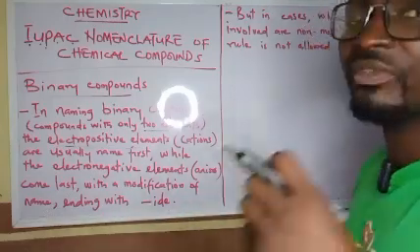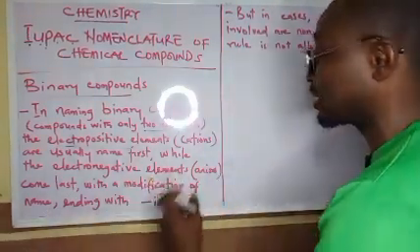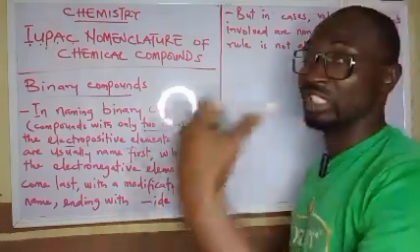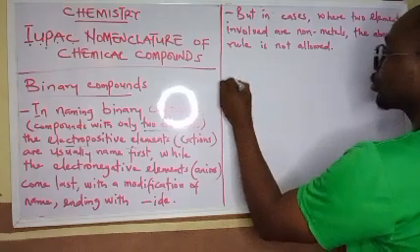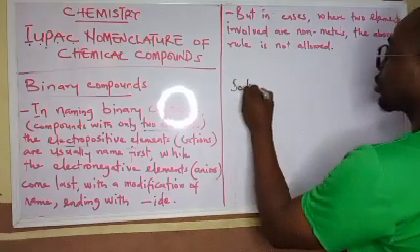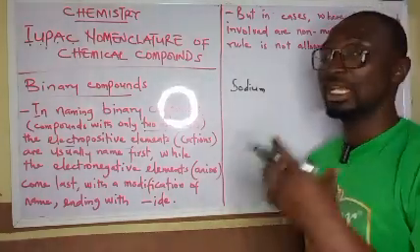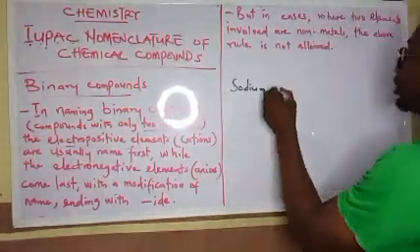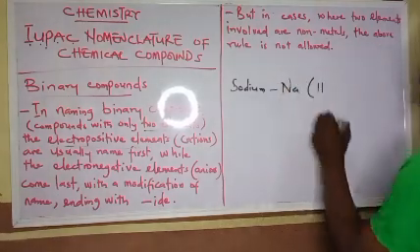An electropositive element is any element which, when it ionizes, that is when it loses electrons, becomes positively charged. For example, sodium. Sodium is a metal, which means that electropositive elements are metals. Sodium has a symbol of Na, and it has 11 electrons.